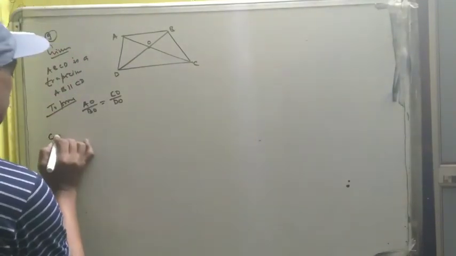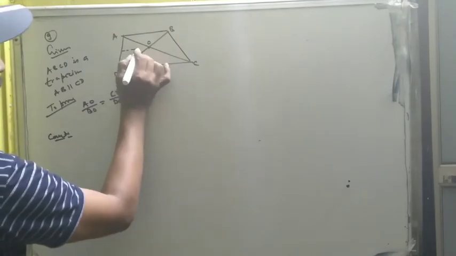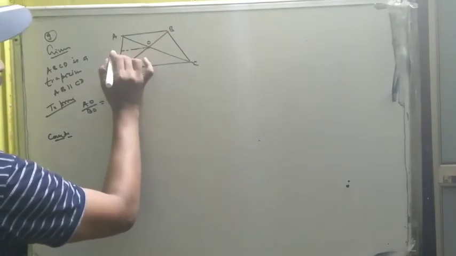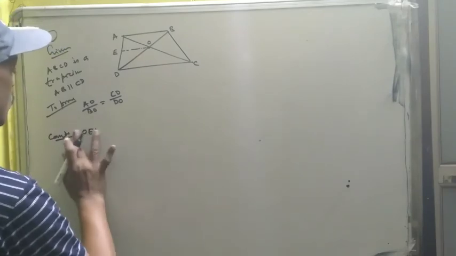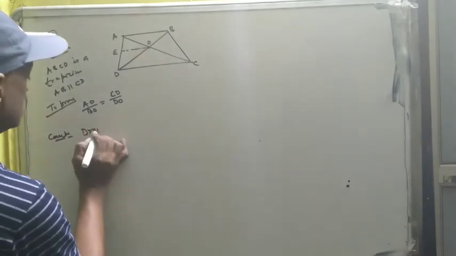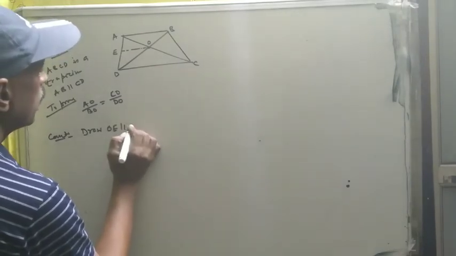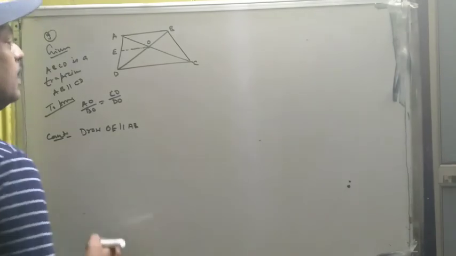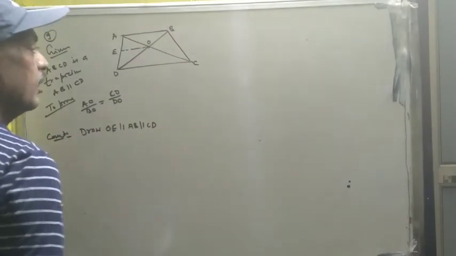Construction, little bit construction is there. Draw this line OE. Construction, draw OE parallel AB. If it is parallel to AB, then it will also be parallel to CD. Okay, now prove.